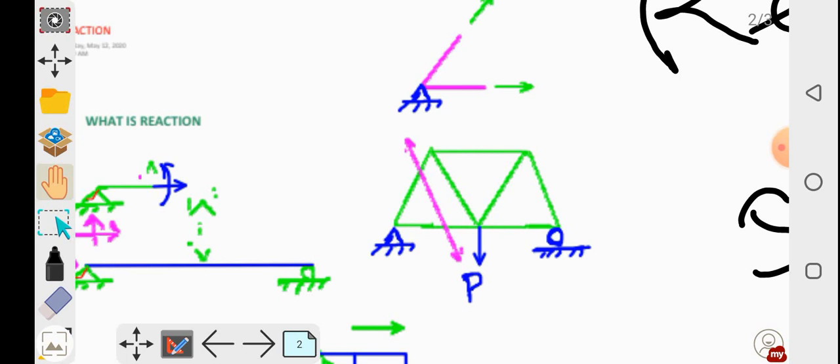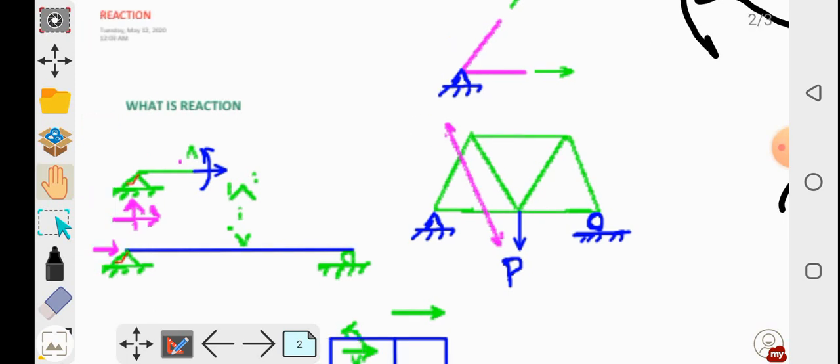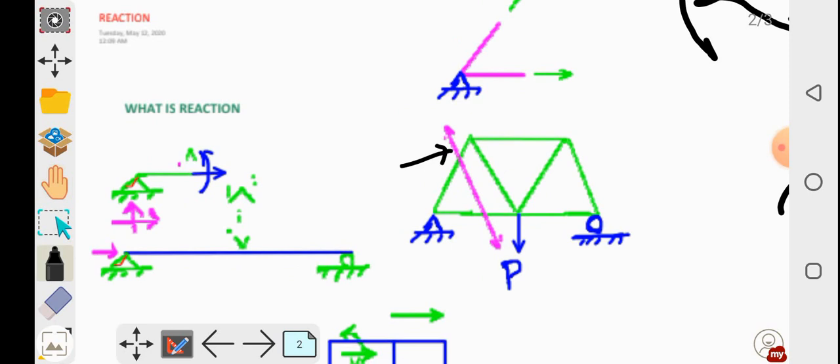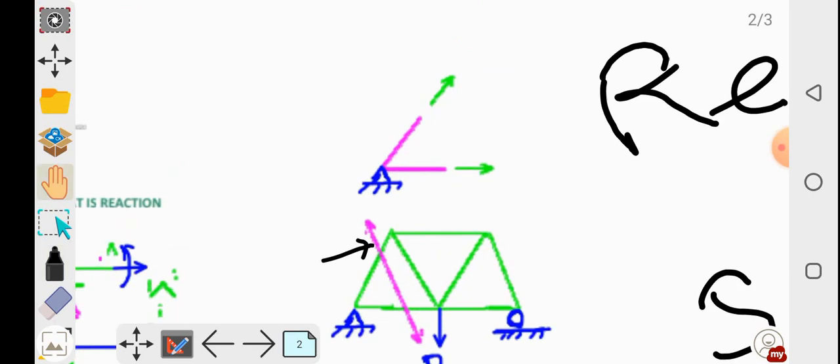Now in case of truss, we will see the internal reaction. If I cut a section like this, here I have cut this section, and I have drawn a free body diagram. We get some reaction here, and we have an axial force like this.